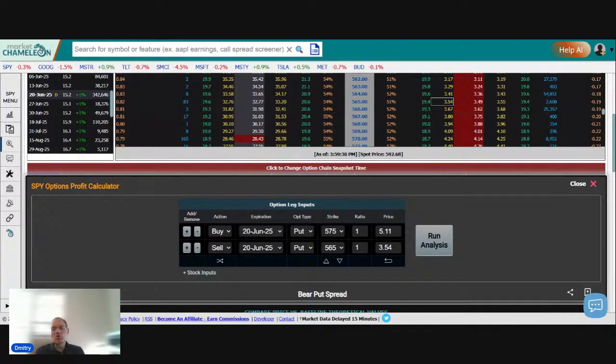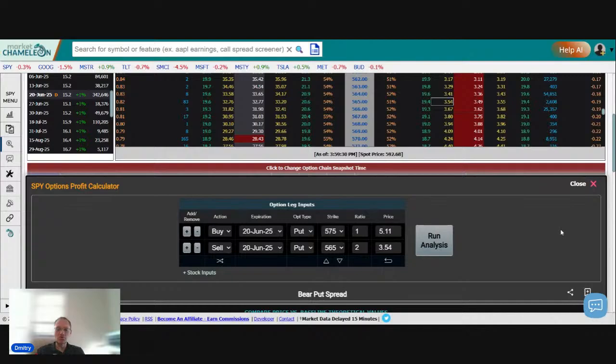So for our example, I'm going to sell an extra 565 put. So click on this ratio, and now we've got a 1/2. We're buying one June 575 put and then selling the 565 put twice.